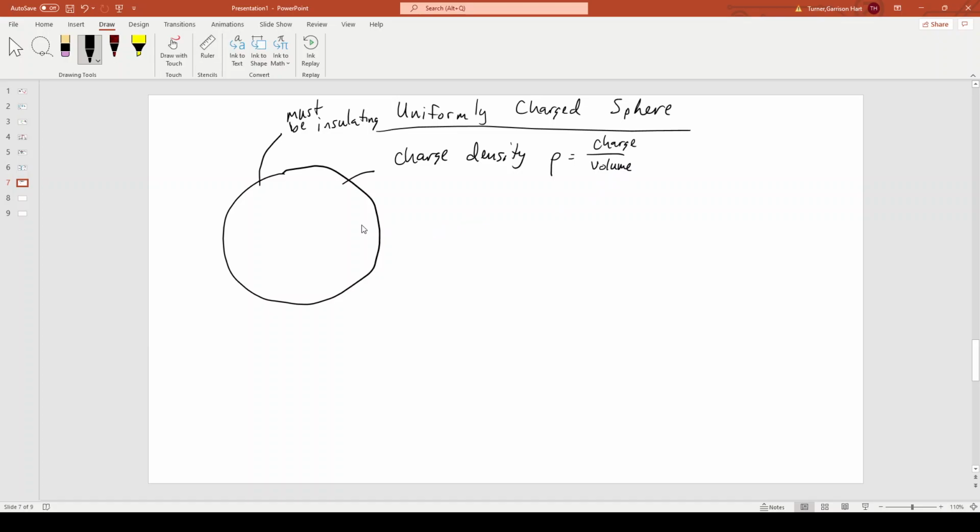Okay, so there's two cases. The first case, what is the field inside the sphere? And then number two, what is the field outside the sphere?